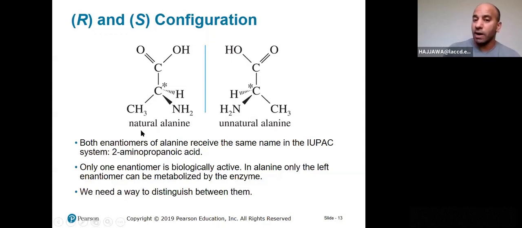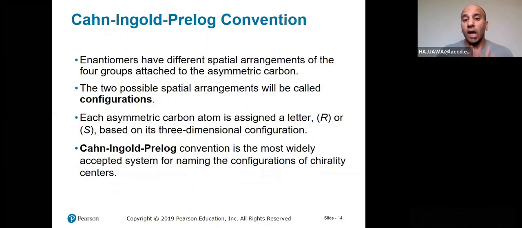One of them is a natural alanine, and the other one is a synthetic, unnatural alanine. So we should have a system in place to distinguish between those two compounds. And that's what we have here: the Cahn-Ingold-Prelog convention.